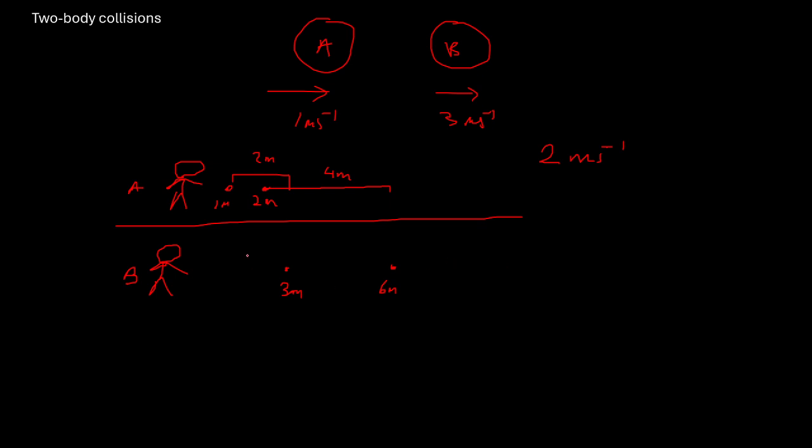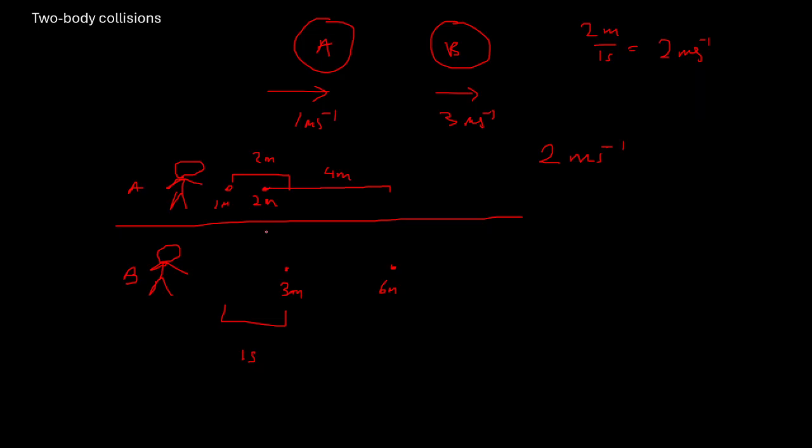So let's look at the speed of separation for a second. Initially, A and B are at the starting position, and during this 1 second interval, they are now separated by 2 meters. So we can do 2 meters over 1 second equals 2 meters per second as your speed of separation.